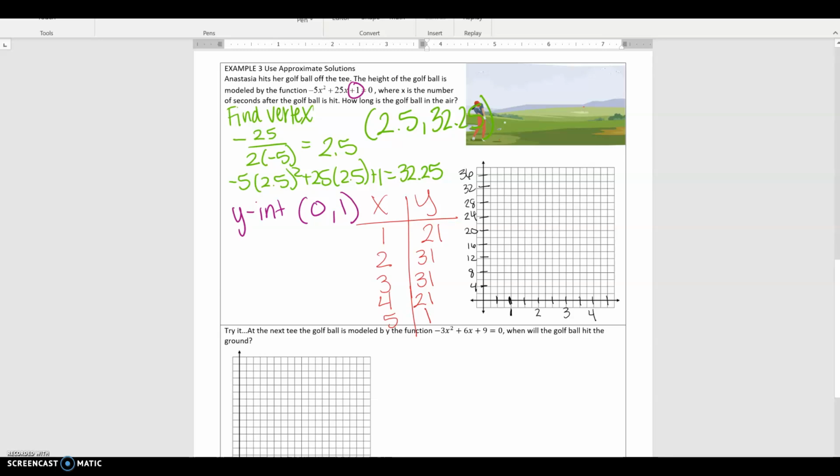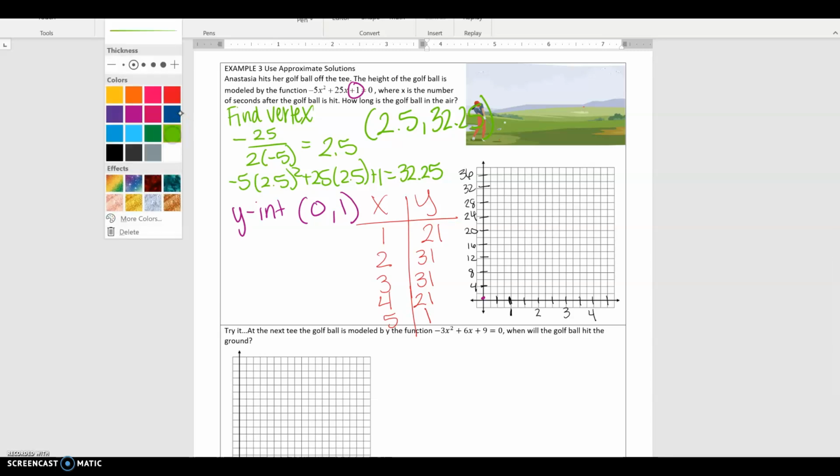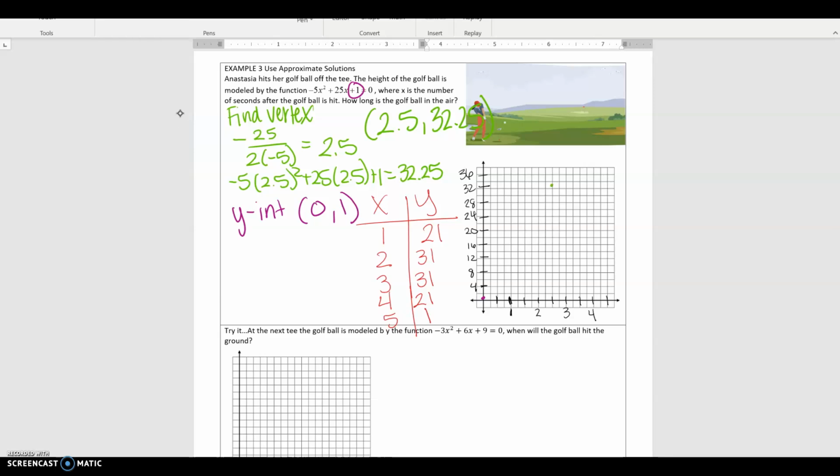Now I'm going to plot the points. So my y-intercept is 0, 1, so that's right here. And then I have my vertex at 2.5, 32.25, and then I have my other points that I'm going to fill in. Okay, so I just plotted all those points right there, and now I'm going to draw my line as best as I can on my laptop. And then I find where my x-intercept is. 5 is 1, and if I plug in 6, it's actually in the negatives.